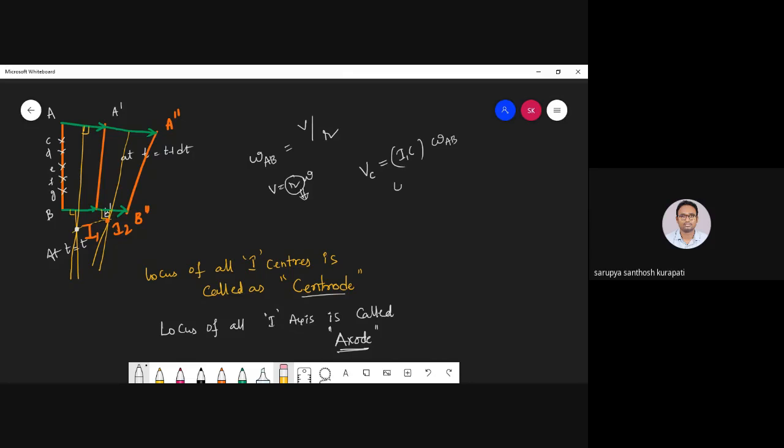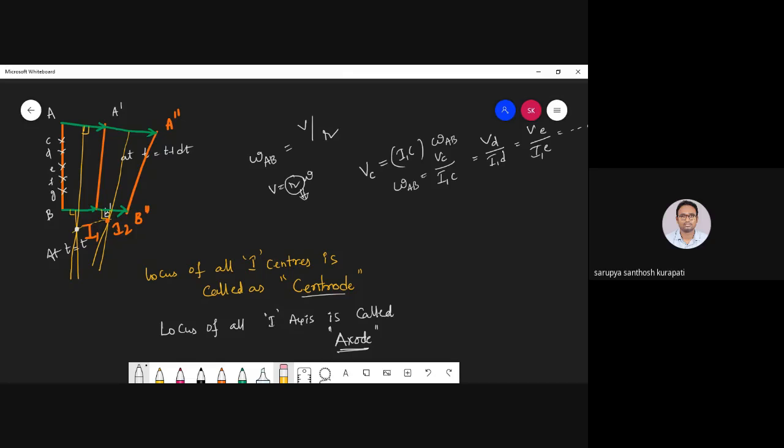So omega AB I can now write as V of C by I1 C. Similarly, you may take the ratio to find omega of AB, velocity of D divided by I1 D, that is equal to velocity of E divided by I1 E, and so on and so forth. This is nothing but the angular velocity theorem. I'm going to explain that in detail. In this manner, I'm going to find velocities and angular velocities.